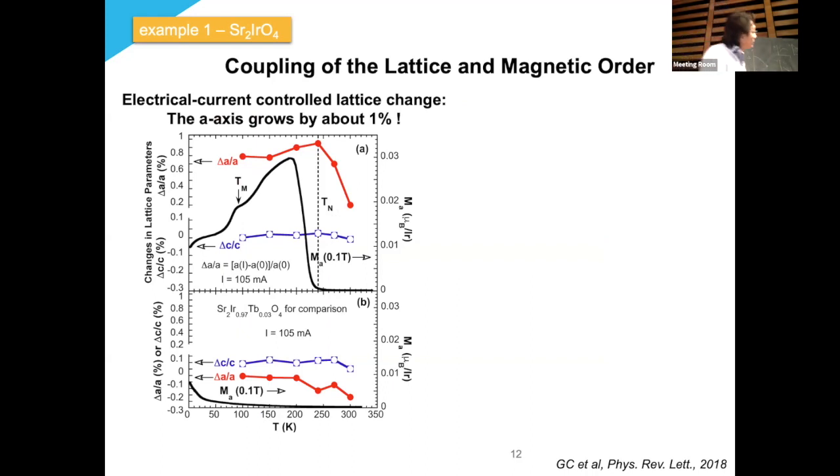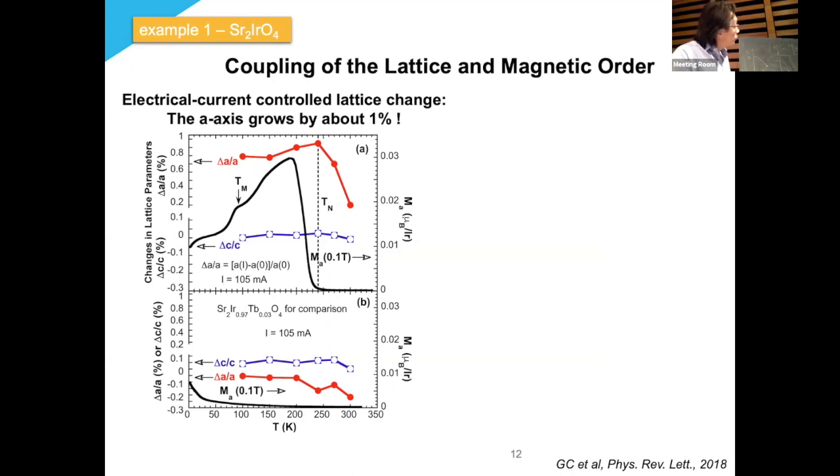So we decided to do a more thorough investigation on this matter. Forget about this for the time being; just look at this box. These red curves are the A-axis expansion due to application of current, whereas these black curves are magnetization for reference.